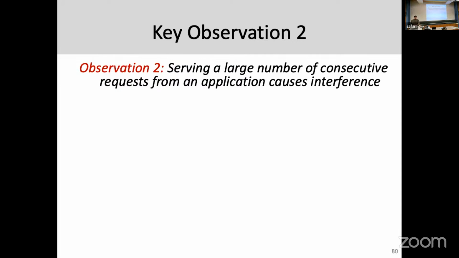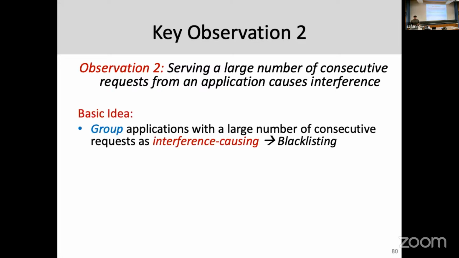And the second observation is, to serve a large number of consecutive requests from an application, it will cause interference. So you want to group applications with a large number of consecutive requests as interference causing. This is similar to the streaming workload that has a lot of row buffer hits, but also has a lot of consecutive requests in the memory request buffer.